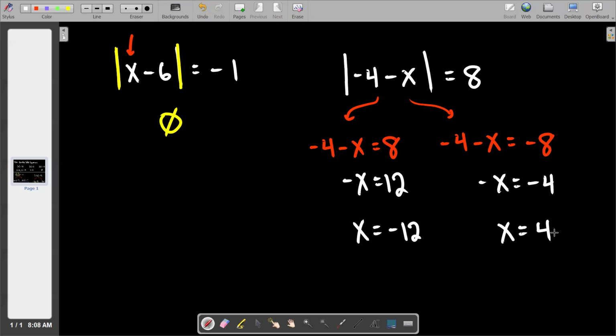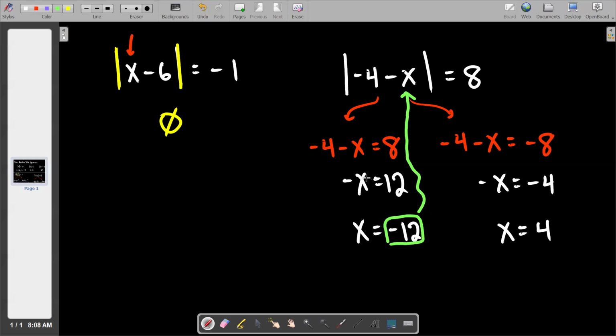And it's always a good idea to check. I mean, rarely, like 10% of kids actually go back and check their answers. But if you take that green boxed number and you put it right there, you can verify that it's legit. Like -4 minus -12, -4 plus 12, 8.